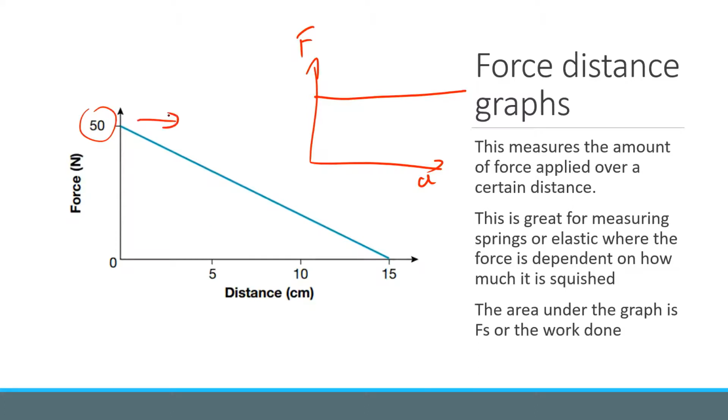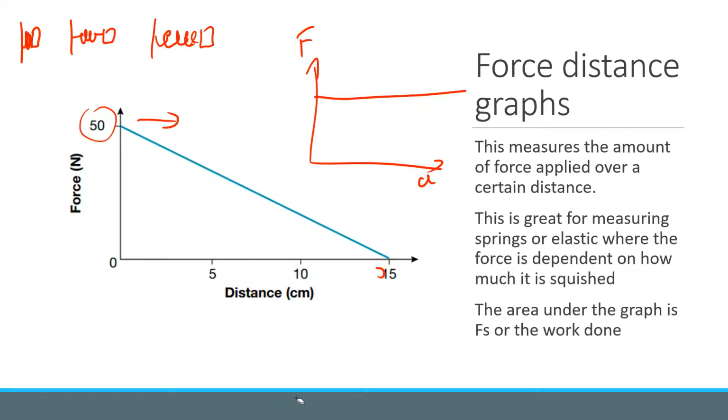But as it becomes unsquished, as your object goes from being really close to further and further away, it's not going to be able to push with as much force. So as your distance gets larger, your force is going to get smaller. And this is true for pretty much all elastic things.